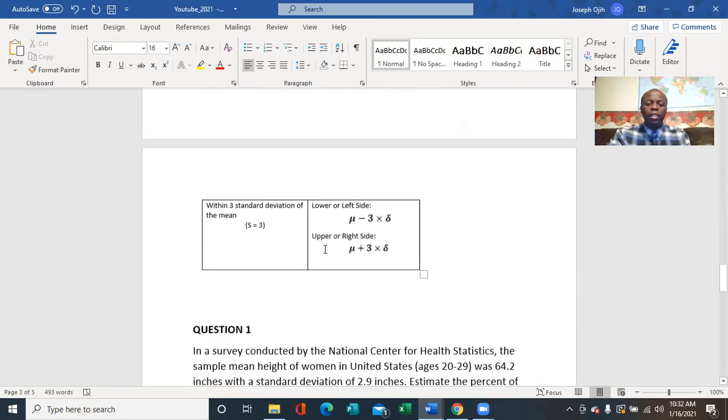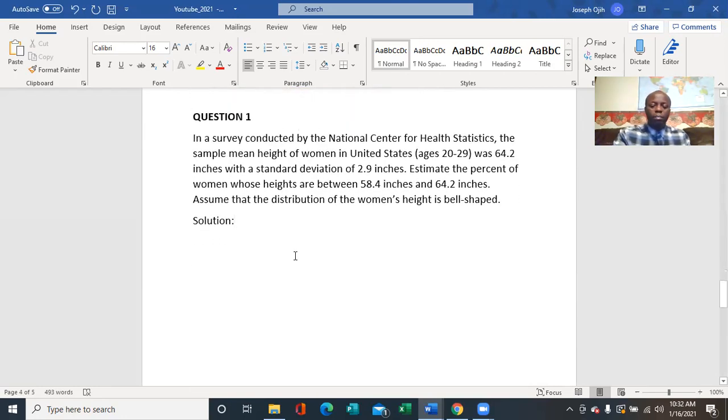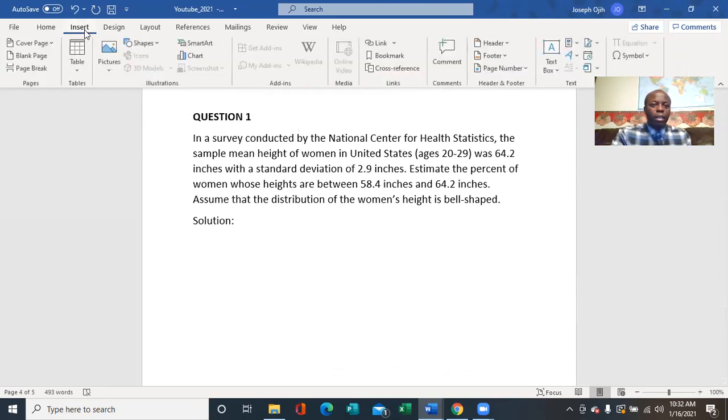So first of all, you see that the mean is 64.2 inches.